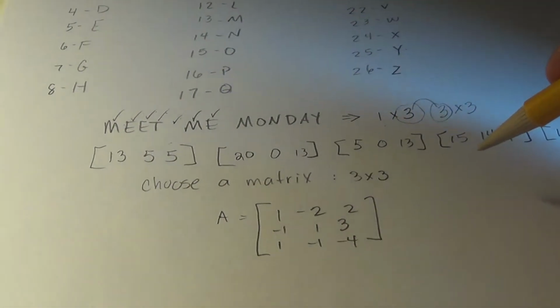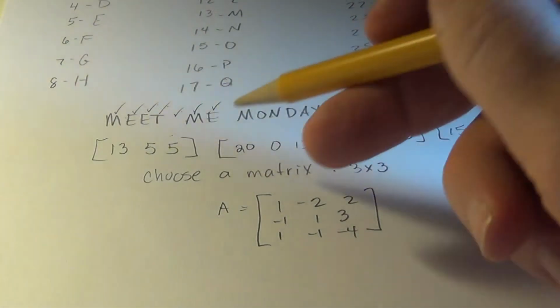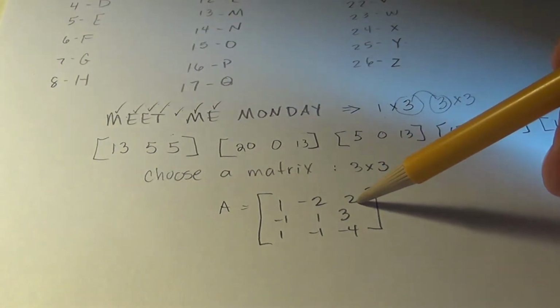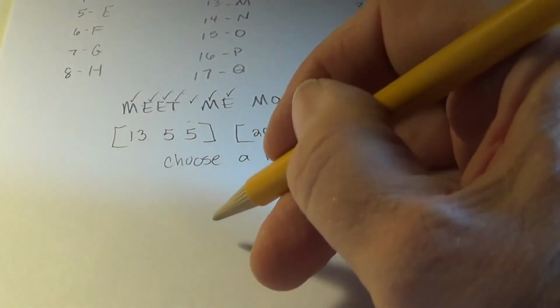I'm going to multiply A by the first 1x3.